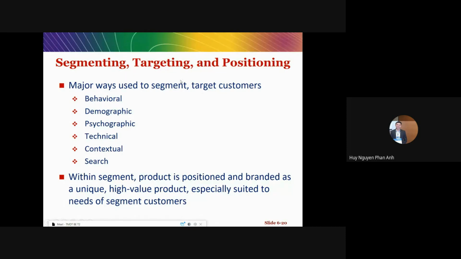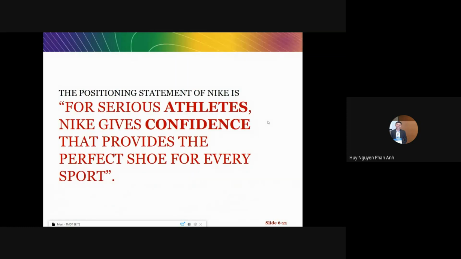Okay, and from the targeting, we will enhance the value to give them. So we call that the positioning. For the positioning, we must write the positioning statement. So this is a sample of positioning statement of Nike.